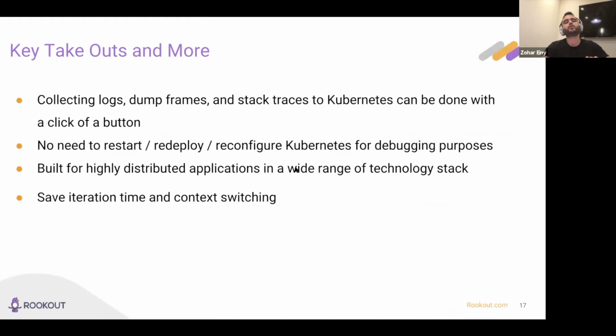So meanwhile, I want to take a few key takeaways and explain what we've just seen. So you can use RooCode to debug basically by using a log line or a dump frame that you just saw with the entire stack trace included. You don't have to write more code or redeploy. This is something you do only once. So once you've integrated RooCode's SDK into your code and deployed it, you will be able to debug it from that moment.